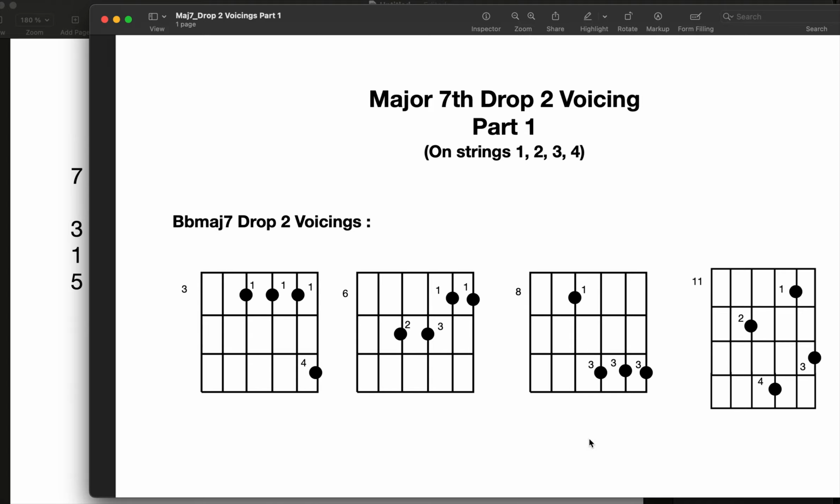So yeah, this is basically drop 2 voicing. For B flat major, you already have 4 different voicings on strings 1, 2, 3, 4. And as I said, there are other voicings on strings 2, 3, 4, 5 and 3, 4, 5, 6.